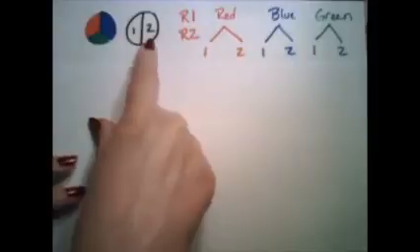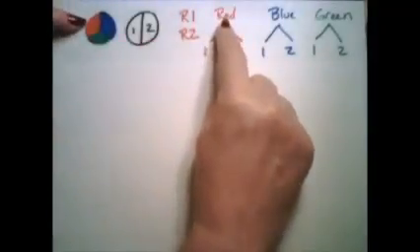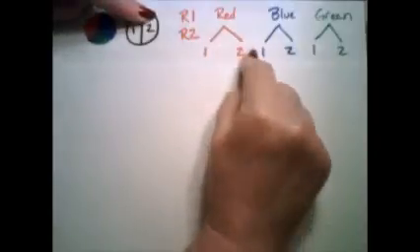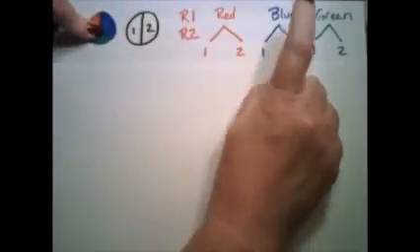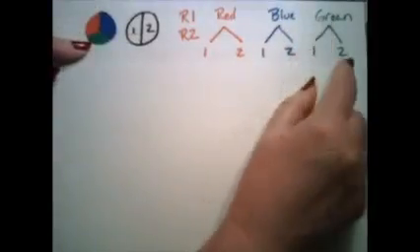Well, here, the first thing you could do is spin a red. And if you spin a red the first time, what are your possible outcomes on the second one? You could have a 1 or you could have a 2. First, you could do a blue, and then you could do a 1 or a 2. And then first you could do a green and a 1 or a 2.